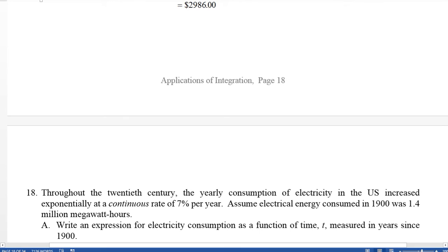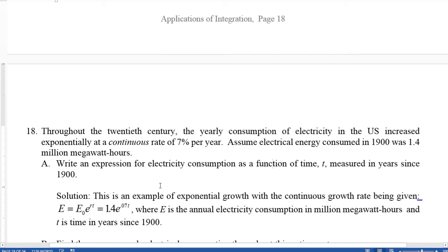Press pause. Okay, when you have something growing at a constant percentage rate, that's an exponential function. One of the basic things we should know about types of growth from our algebra classes. And since this is a continuous rate, this is a formula of the function some initial value times e to the kt, and that percentage rate is k.